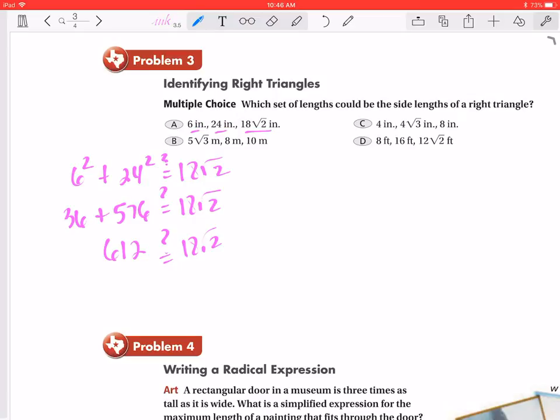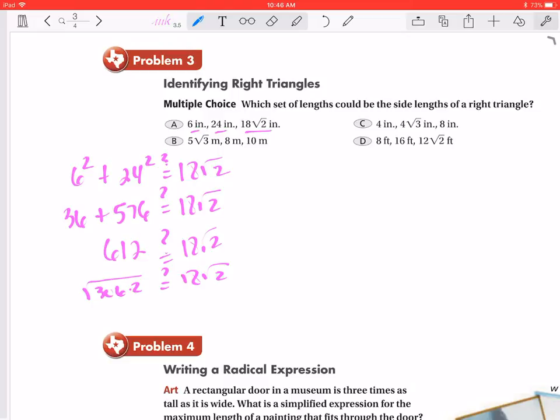All right, now here's a trick. We have a 2 left inside the radical. So that means that whatever number was in there that gave us the 18, it was multiplied by 2. So I'm going to take 612 and divide it by 2. That gave me 306. So let's say the square root of 306 times 2 equals 18 square root of 2.